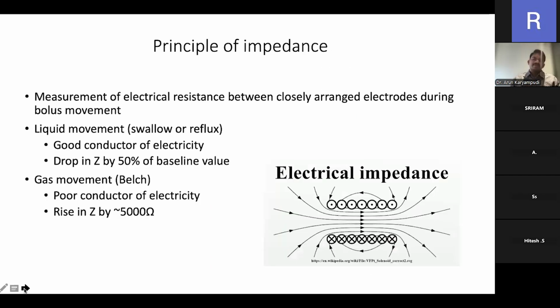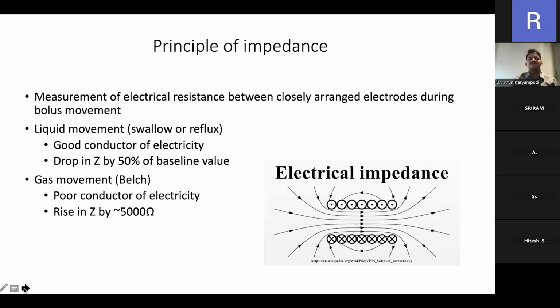So let me tell you some basic principles of impedance. What is impedance? Why does it help us so much? And how does it make that kind of difference when we combine impedance with pH? Impedance is simply the electrical resistance.